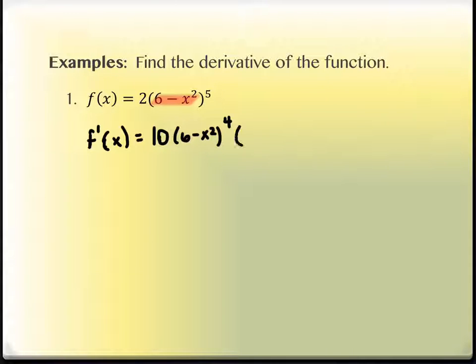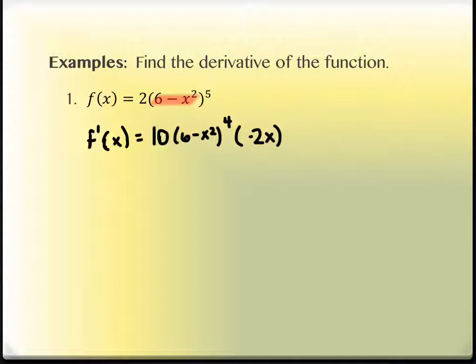And then after this, I take the derivative of what I covered up in red. So what is the derivative of 6 minus x squared? Negative 2x. And if we were doing the gateway, we would be done. Now, we're not doing the gateway in class today. That's Wednesday next week. So we're going to combine the pieces that are on the outside.